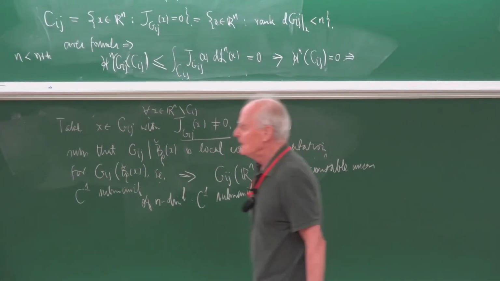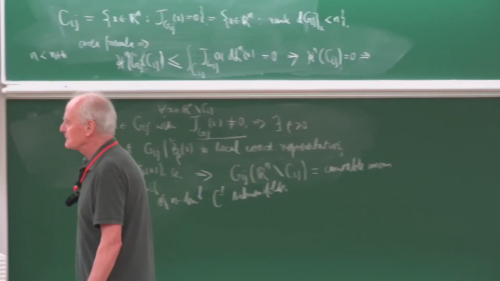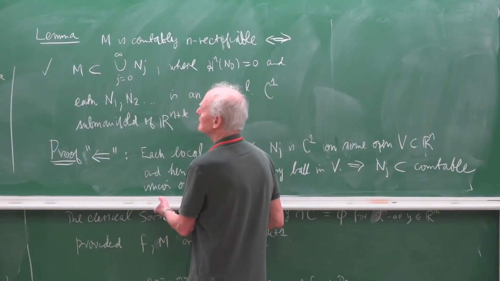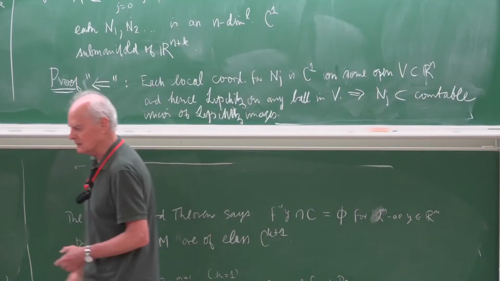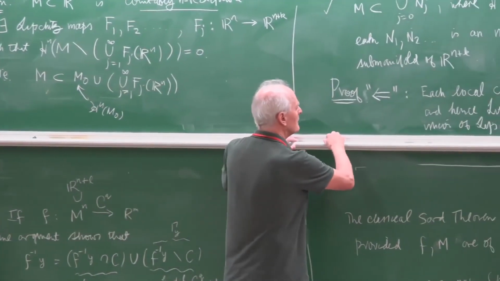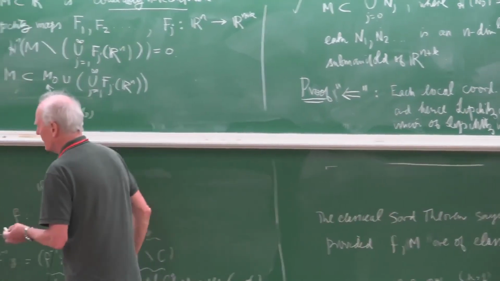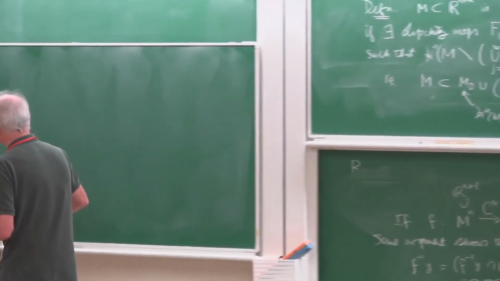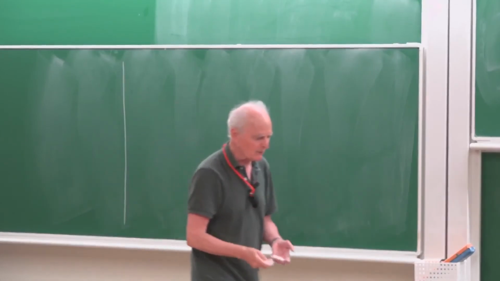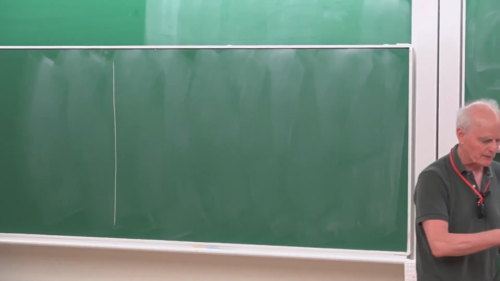Okay, so that's our first characterization, but it still doesn't, as I said, tell us very much about what these sets really look like. So the next thing really does give you a much better indication of what these things really look like. And what we're about to discuss will also enable us to do analysis on rectifiable sets.